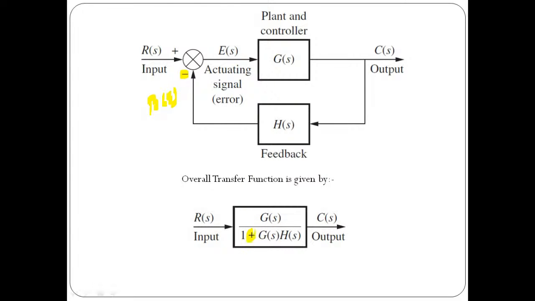This is important, plus. Why is it plus? Because it is a negative feedback system. That's why you get a plus sign in the denominator polynomial. So G of S upon 1 plus G of S into H of S indicates the overall transfer function for this particular system. That is very important.